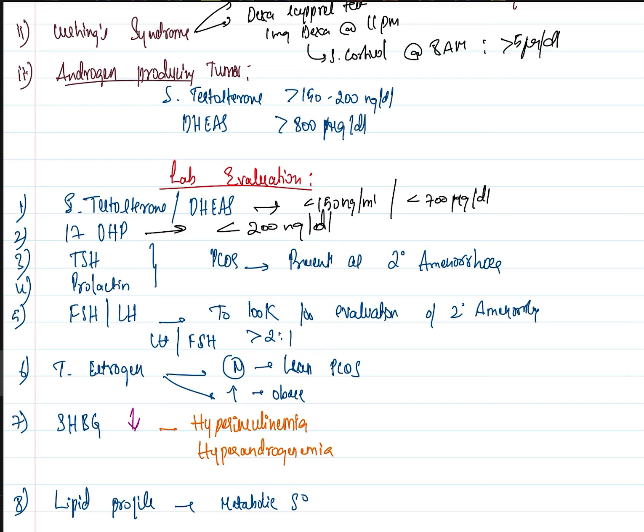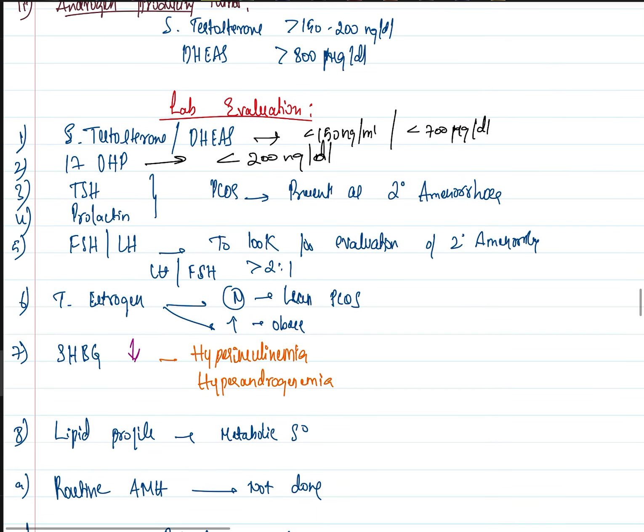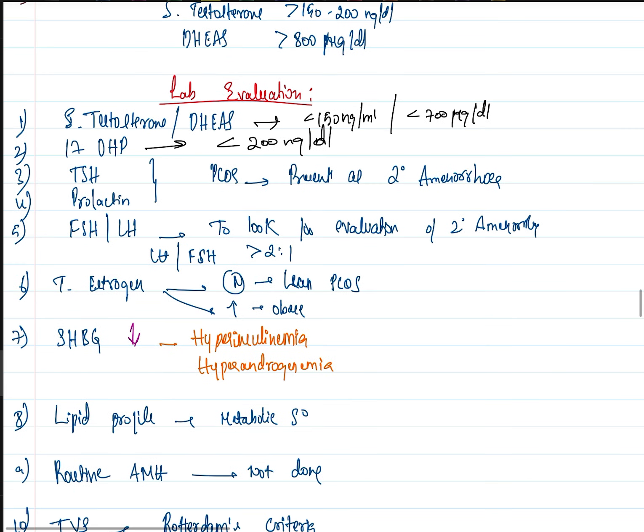So serum testosterone or DHEAS, 17 hydroxyprogesterone, not mandatory every time. Other things like lipid profile, serum TSH, fasting blood sugar, postprandial blood sugar, HbA1c, very much important. Prolactin need not be always asked for.